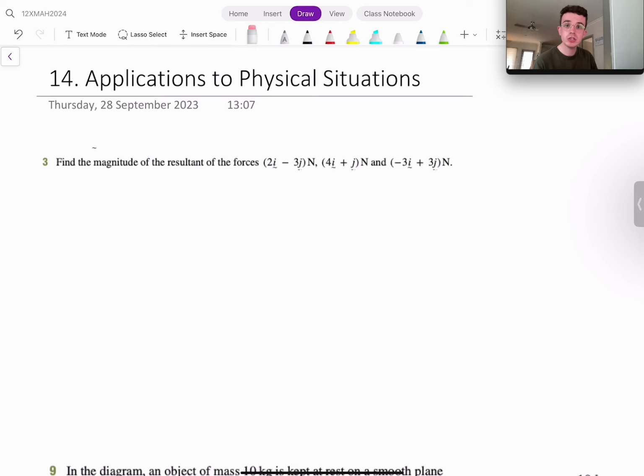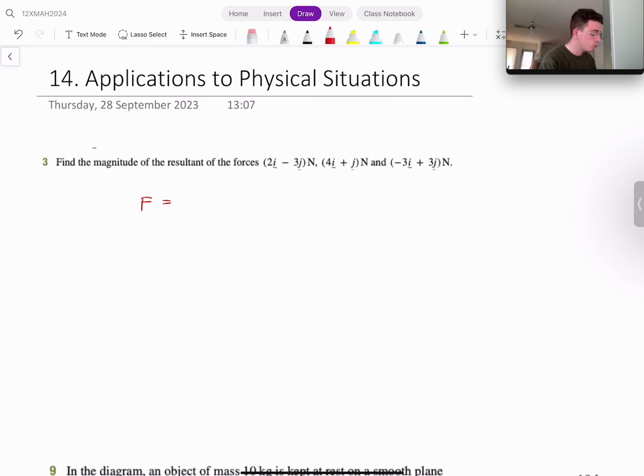So to find the magnitude of the resultant forces, here we've got forces acting both in the i and j direction. So we've got forces acting in 2 dimensions, and we're trying to find the magnitude of the resultant force. First up, to find the resultant vector, let's call it vector F, we're going to add the i and j components individually.